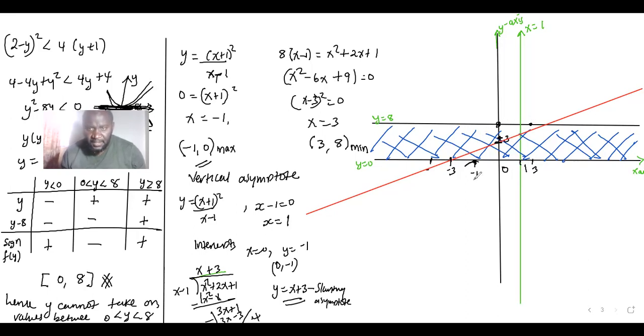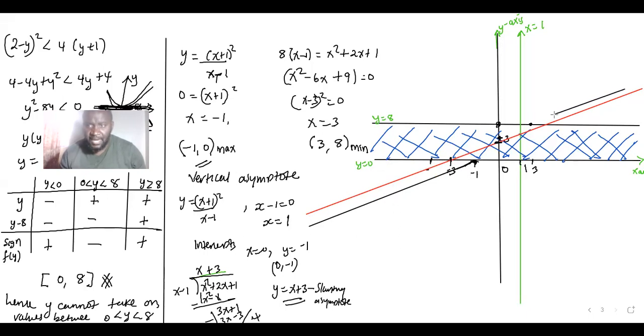Now, this is what is going to happen. After the curve has turned here maximally, it's going to come here and become asymptotic to the curve. When it goes, it is going to be brought back by the same curve on the other side.